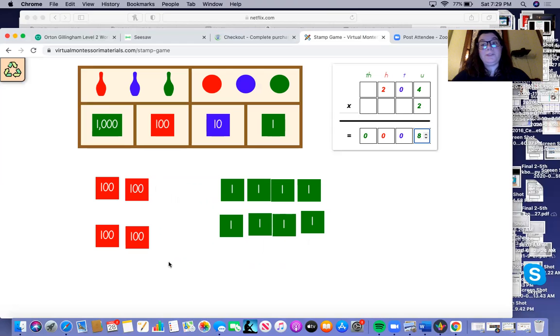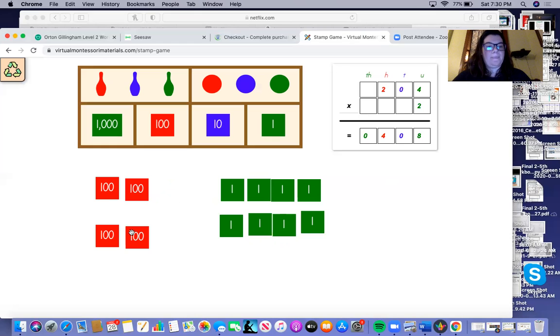We have 2 groups of 0. Well, guess what? Multiply anything by 0. I could have a million groups of 0, and I'm still going to end up with 0. So we still have 0 10s, and then we have 2 groups of 200s, which gives us 400. So there's our answer. 204 times 2 equals 408.